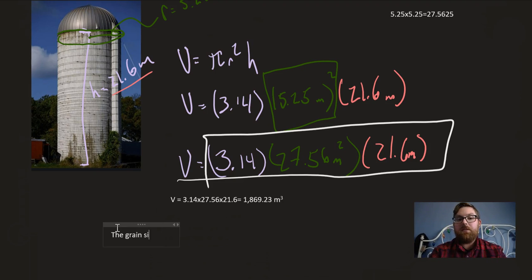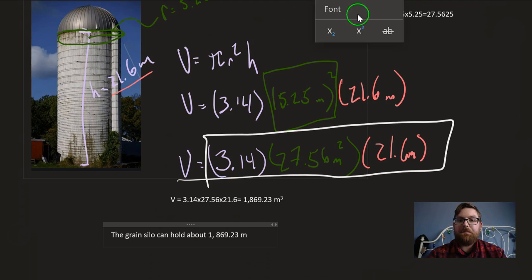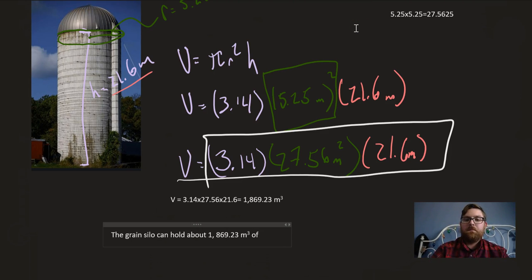we can say the grain silo can hold about 1,869.23 meters cubed of grain. And there we go.